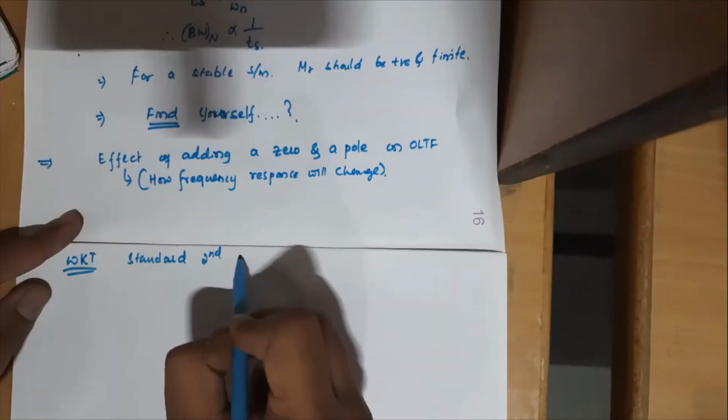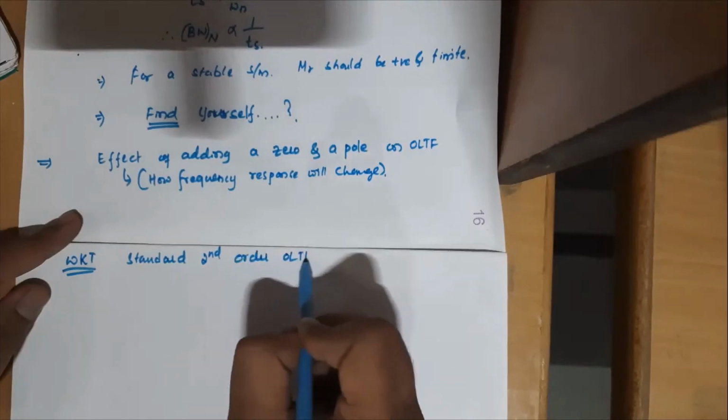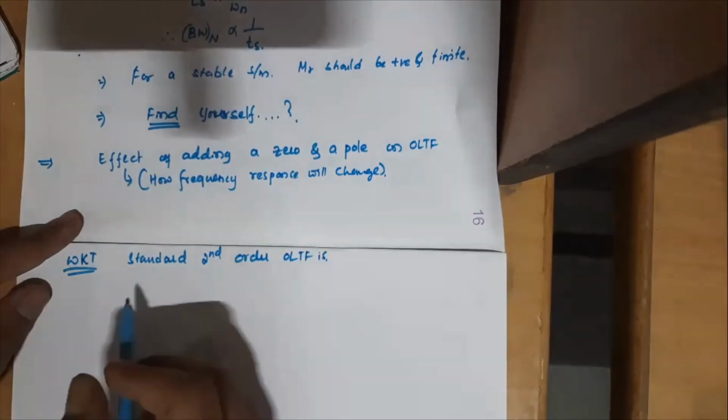I'm not going to prove it mathematically because it is out of the syllabus entirely, and the derivation is very lengthy and laborious. But the proof does exist, and you can find it in any reference textbook.